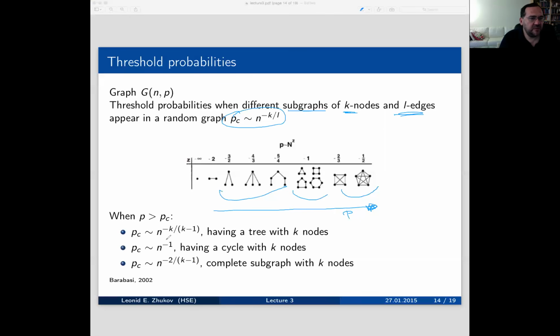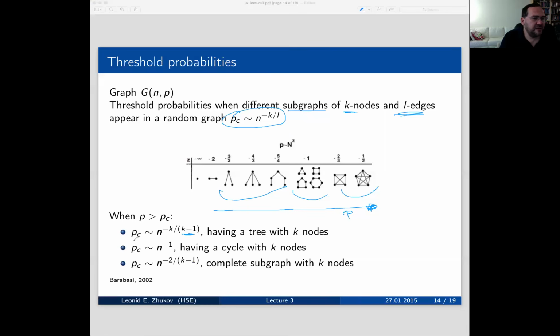Well, I'll give you an example. A tree is a subgraph that is minimally connected, which means a tree with K nodes should have K-1 edges. Otherwise, it will not be a tree. There will be a loop.